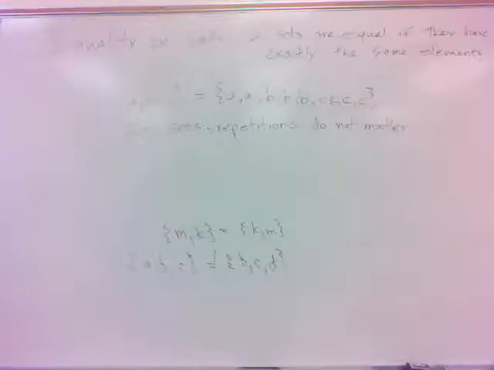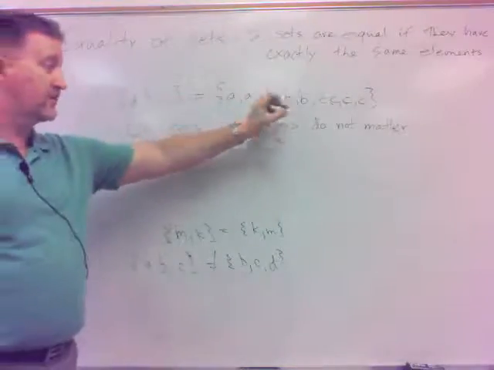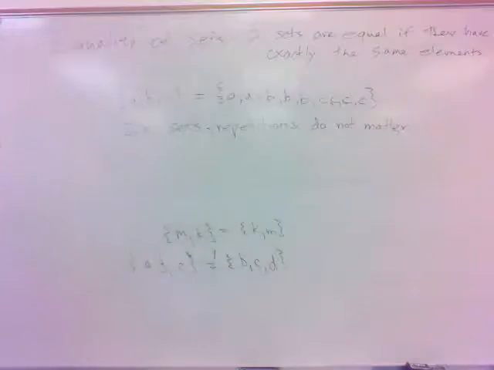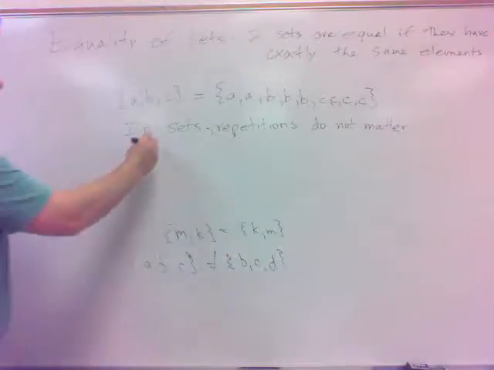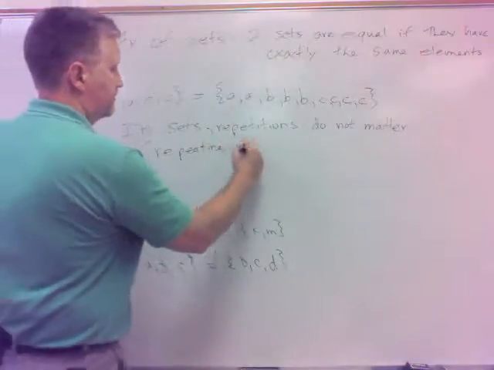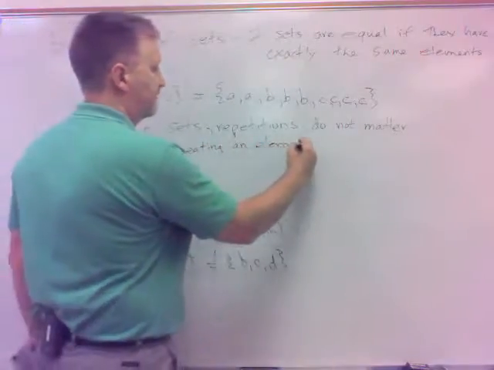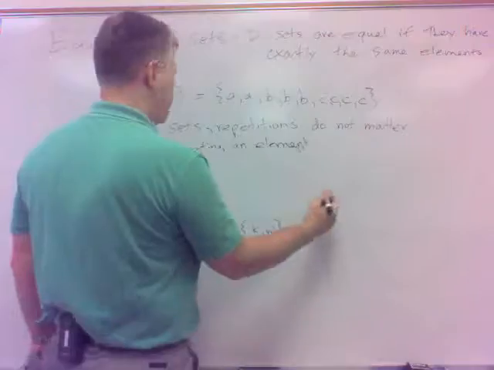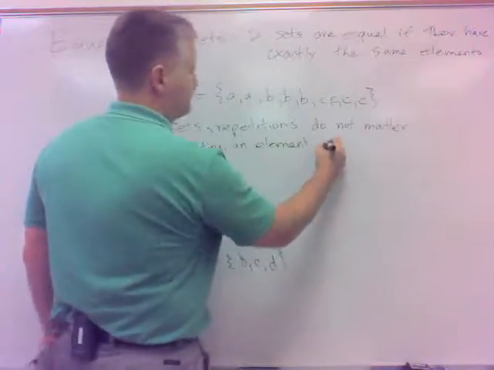No matter if you have that element once, 3 times, 4 times, once is just as good. So repetitions don't count. In other words, repeating an element doesn't change the set. You have to have a new element to change the set.